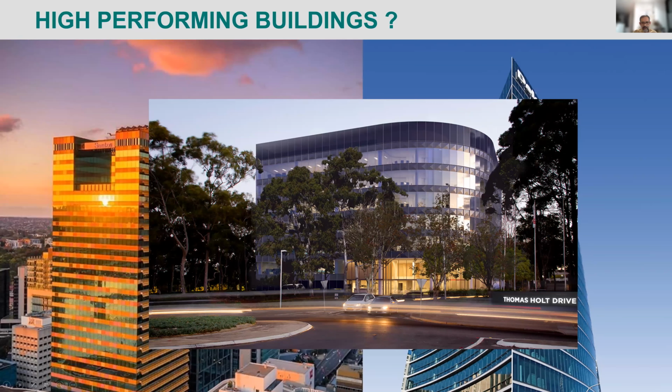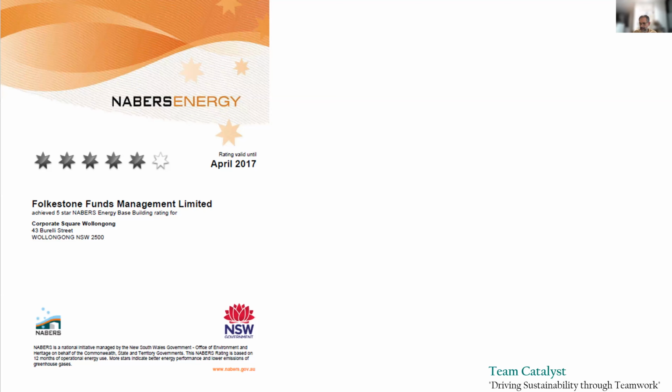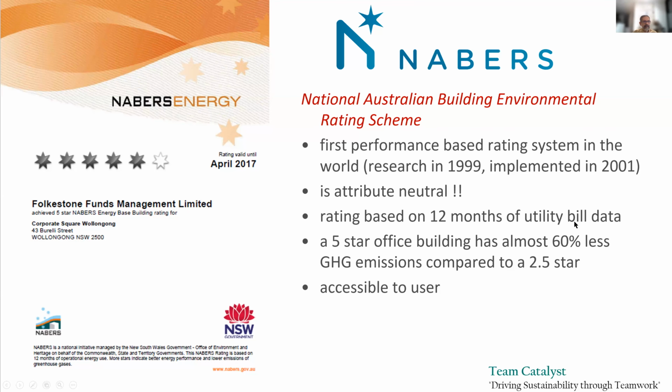But in Australia, we have this quite interesting rating system for buildings, and it's called NABERS. What it does is quite unusual in that it is based on operational outcomes.